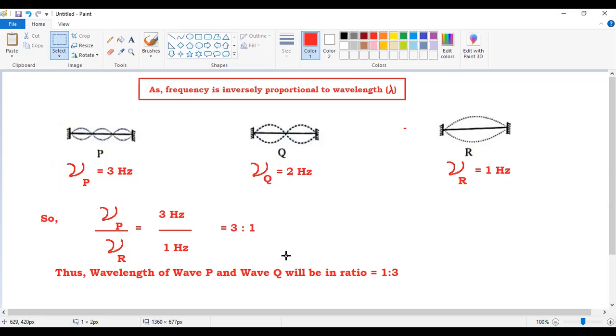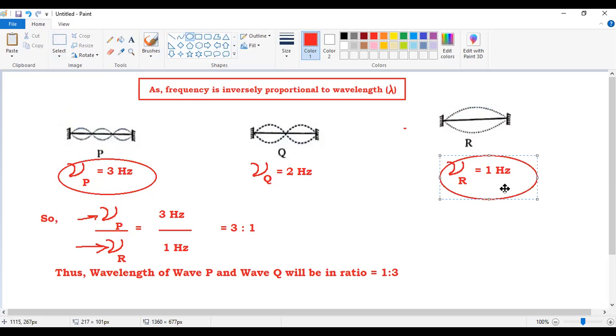So as asked in question, we have to find the ratio between wave P and wave R. So students, further I have calculated ratios of frequency of P and R, which we have calculated earlier at the top.